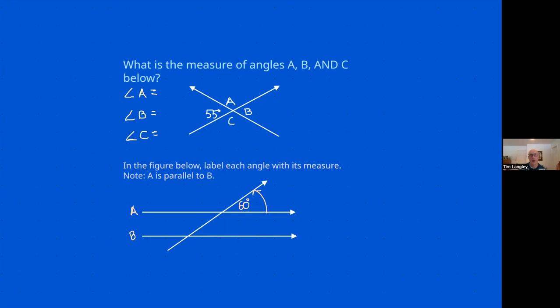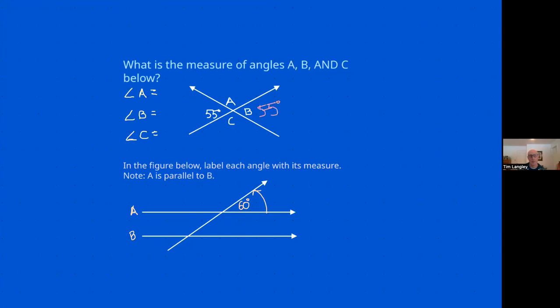Vertical angles are opposite and they're equal, right? So that's how we can start figuring out all kinds of measurements. Okay, angle A. Well, first of all, the first angle we were given is 55 degrees. That means the vertical, when two lines cross, the vertical is going to be 55 degrees. Okay, so I can say that B's got to be 55.